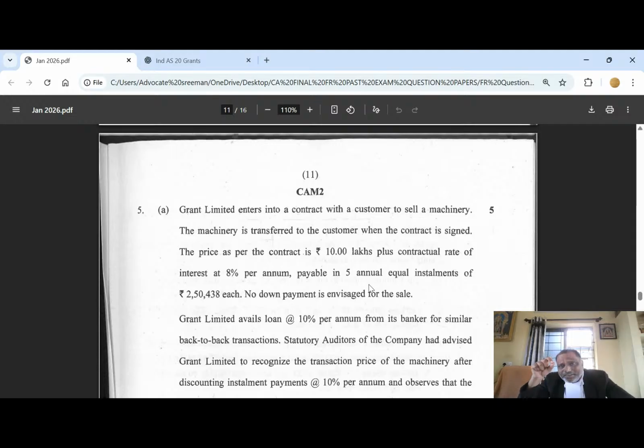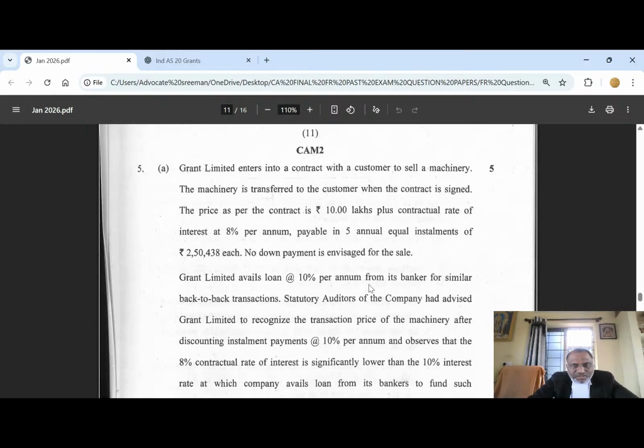Grant Limited enters into a contract with a customer to sell machinery. The machinery is transferred to the customer when the contract is signed. The price per the contract is 10 lakh plus. Contract interest rate is 8% per annum, payable in 5 annual equal installments of 2 lakh 50,438 each. No down payment is envisaged.